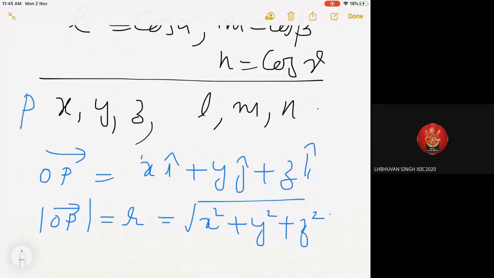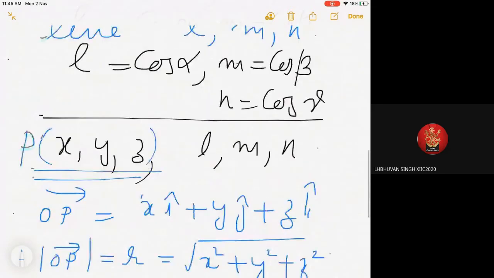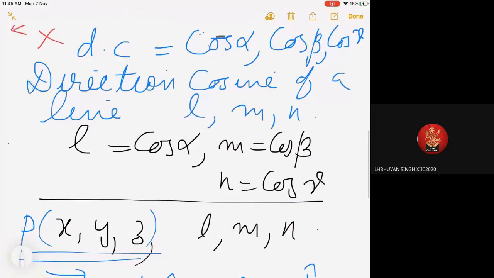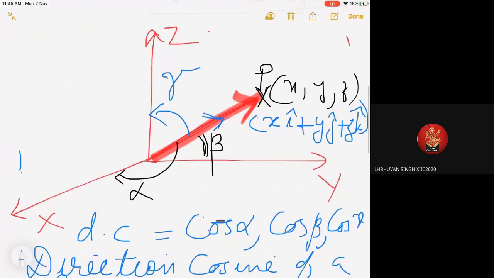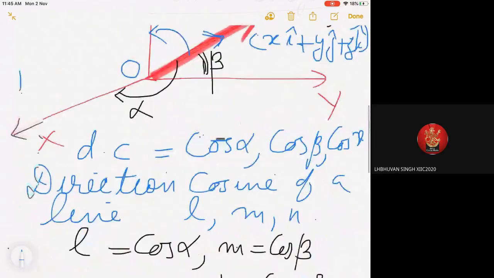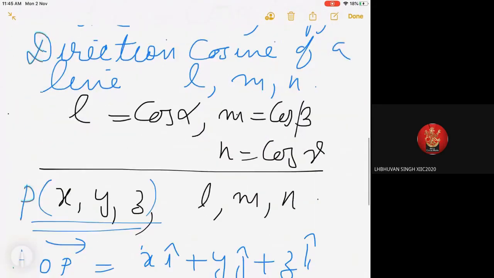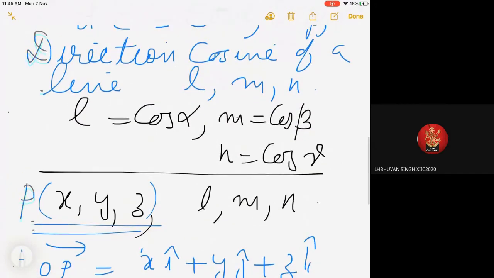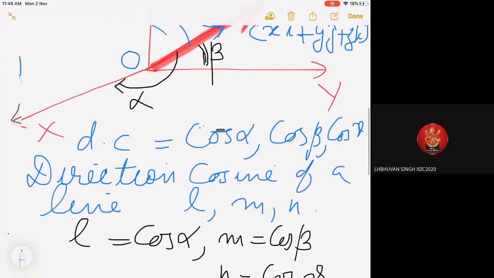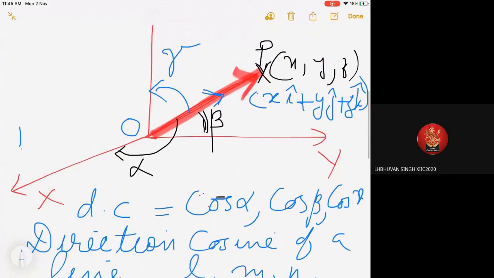So this point is P(x, y, z), then OP is xi cap plus yj cap plus zk cap. Modulus of OP is r equal to root of x square plus y square plus z square. Then the direction cosine of the line OP, or line segment OP, is l equal to cos alpha, m equal to cos beta, and n equal to cos gamma. You write it fast. This figure you draw.